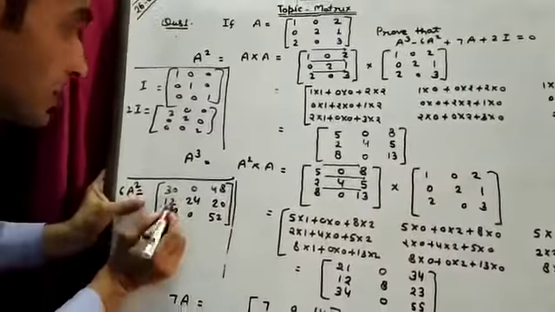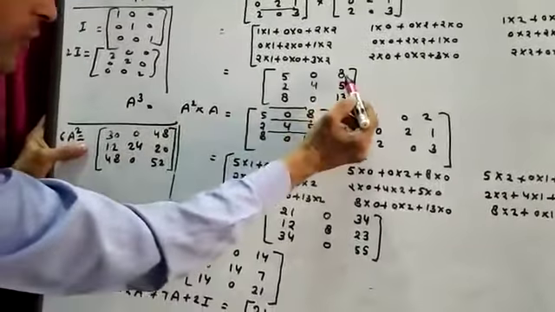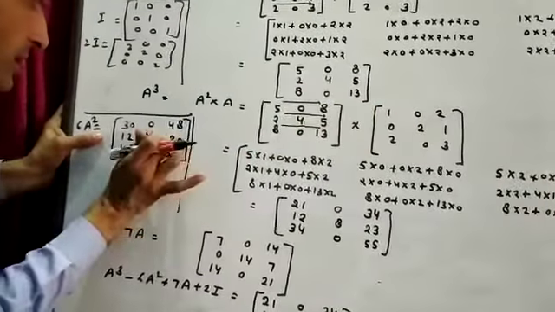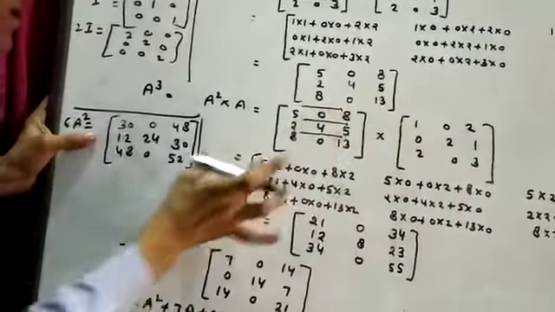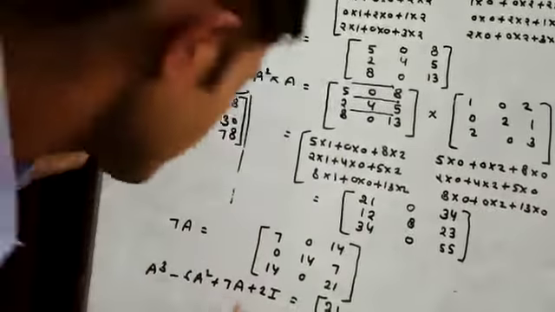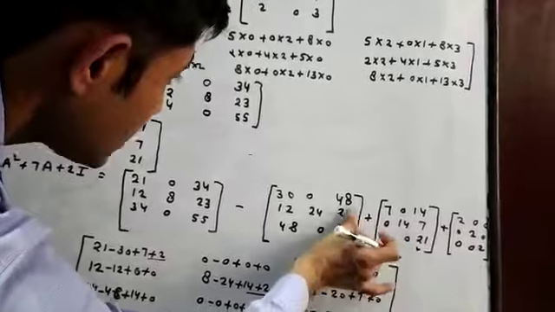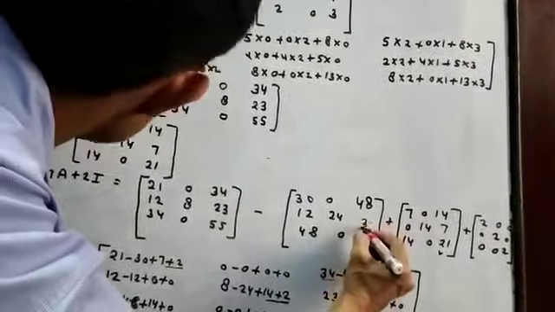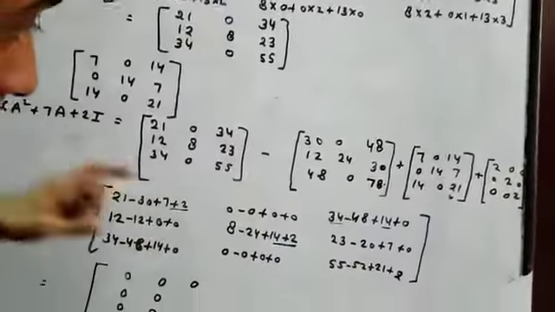So 6A square we have to multiply by 6. So 6 8 are 48, 6 5 are 30, and 13 6 are 78. So here, students, 30 and 78.